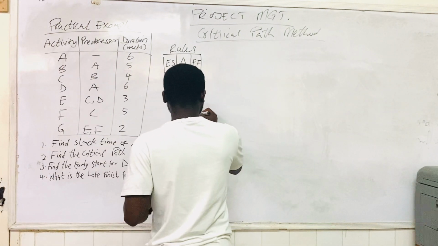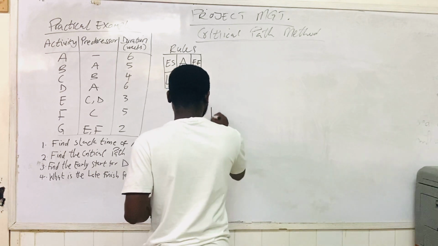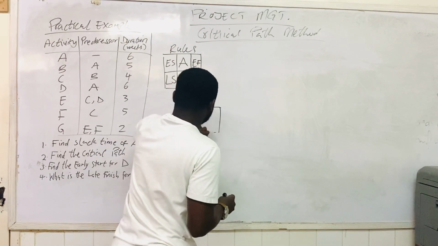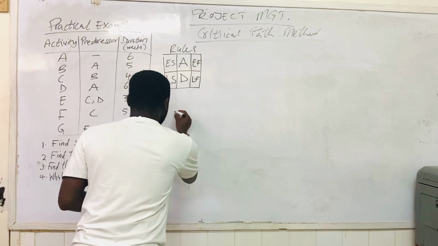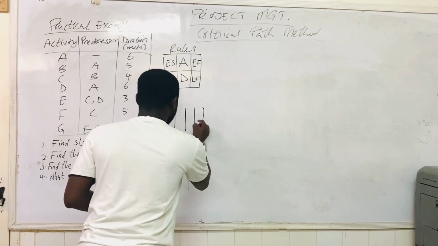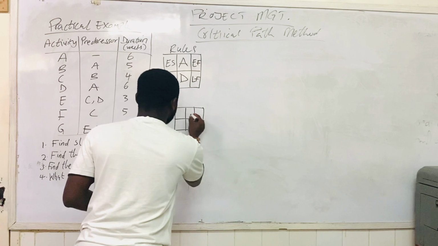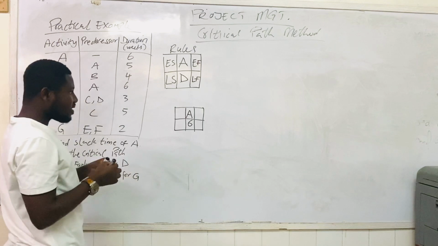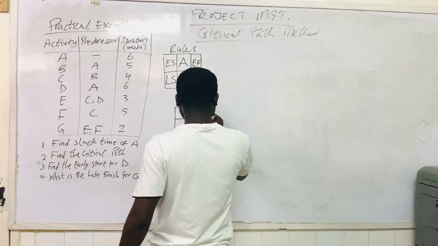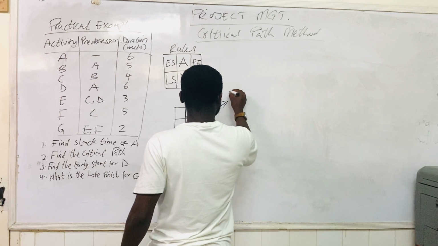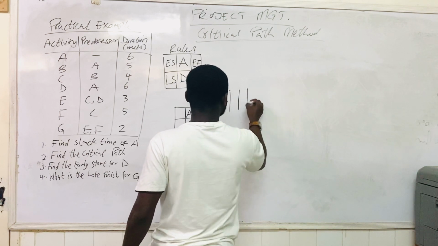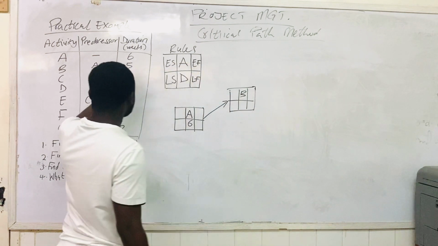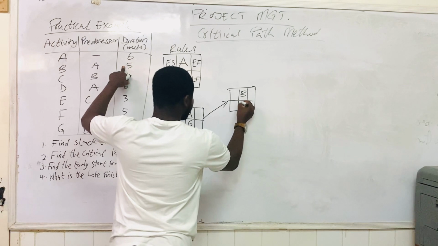And so we come to activity A. For the purposes of space, let me just bring it here. 1, 2, 3, then we have our fourth. We have A, and A's duration is 6. Then we have activity B with 5 weeks.